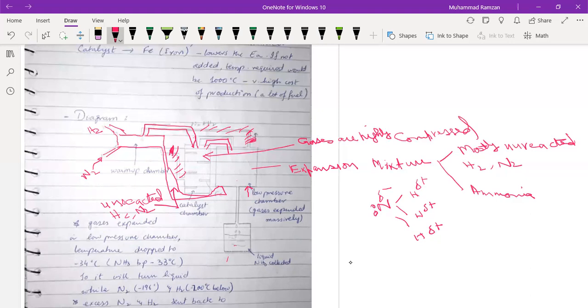Now, when you push them into the low pressure chamber, the molecules expand and go away from each other. For that, they have to overcome the attraction, that is hydrogen bonding.